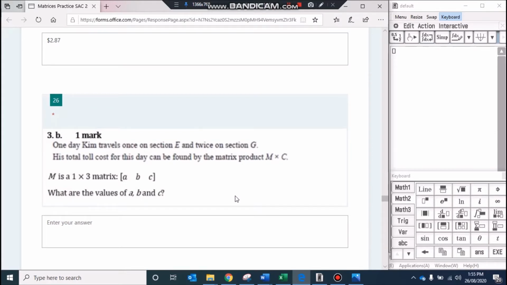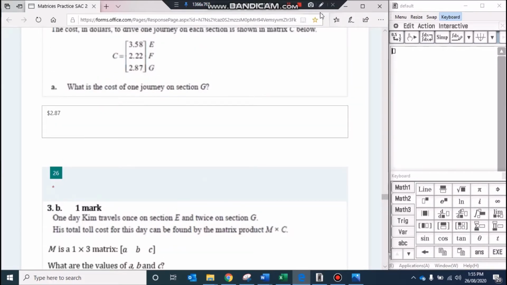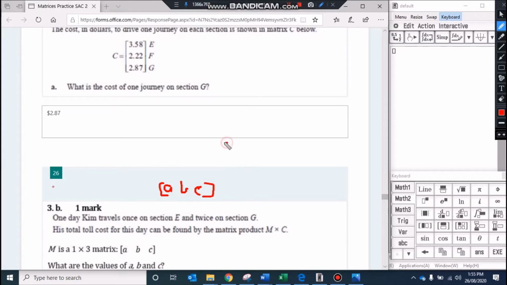Three B says that Kim travels once on section E and then twice on section G. So his total cost for this day can be found by multiplying M by C, where we've got M as a 1 by 3 row matrix, and we want to find out what are the values of A, B, and C. So what we've got here is M times C, which is ABC multiplied by our C matrix, which has our 3 values here.